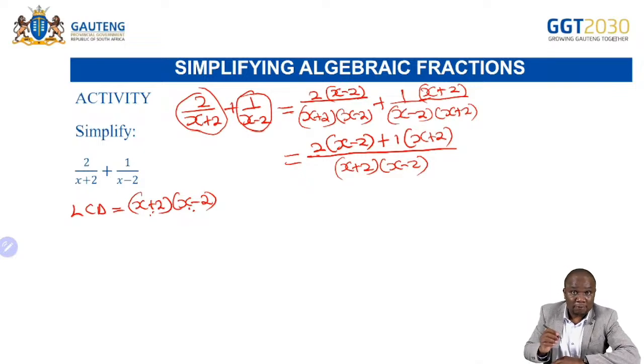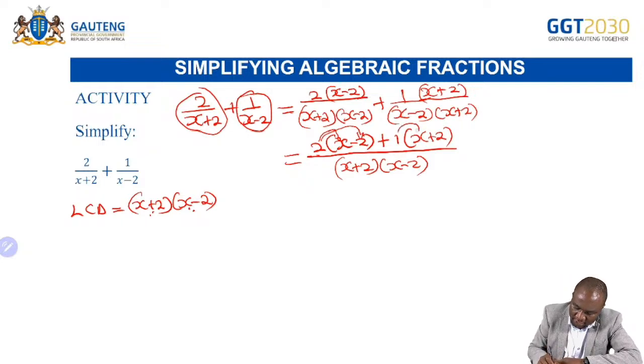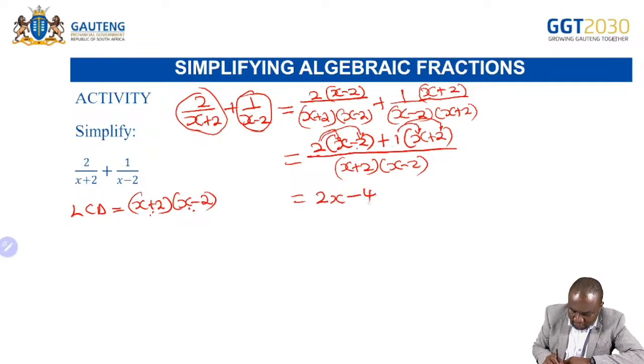Okay, now we have to simplify our numerator. Let's start by removing brackets. We're distributing 2 there. And then here we're distributing 1, positive 1. Please be careful. If it's negative 1 here, it's going to change the signs of your terms in the bracket. But now it's positive 1, so it doesn't change anything. It becomes 2x. 2 times x is 2x. 2 times negative 2 is negative 4.